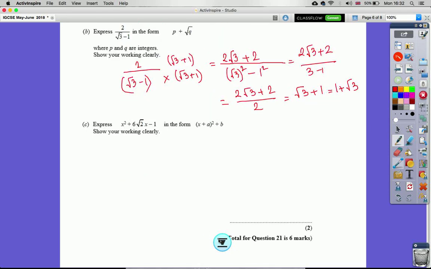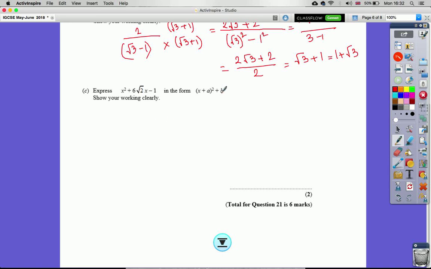Then the third part of the question, you have to use the concept of completing the square, because this is clearly shown here in this example, the format they're asking for. So we'll complete the square here. I'm going to open two sets of brackets. So x squared plus 6 root 2 will be written as x plus 3 root 2, and I'm going to write 3 root 2 here.